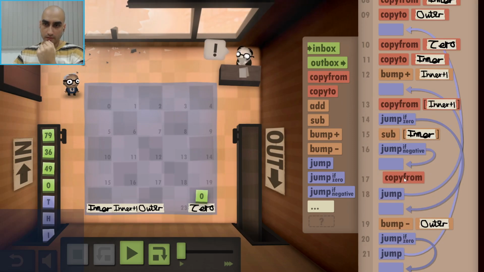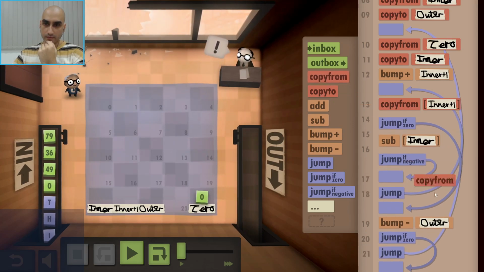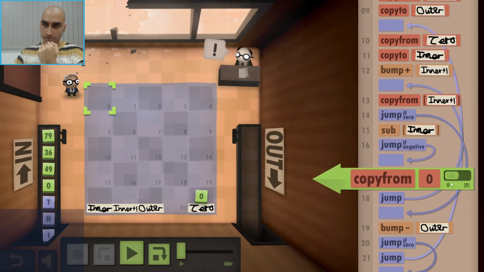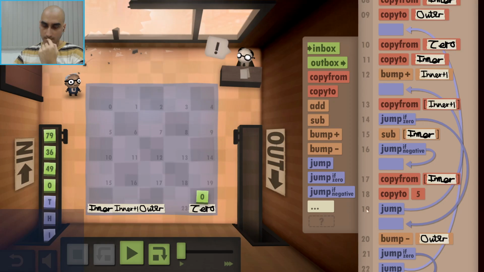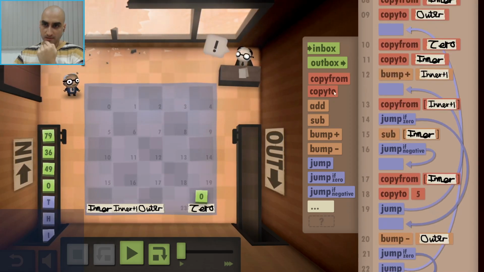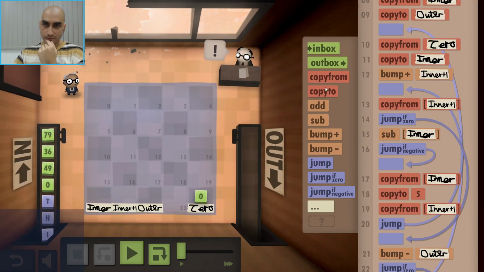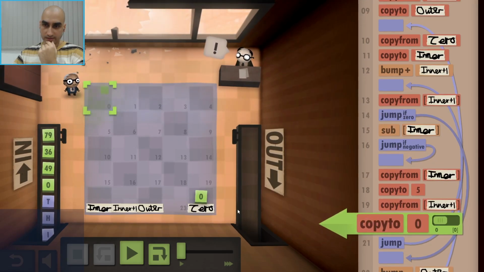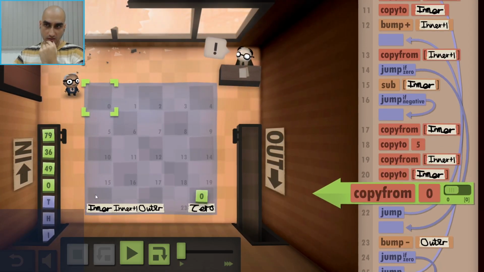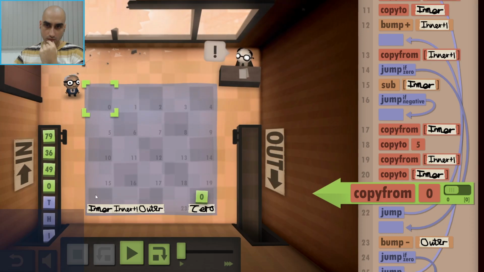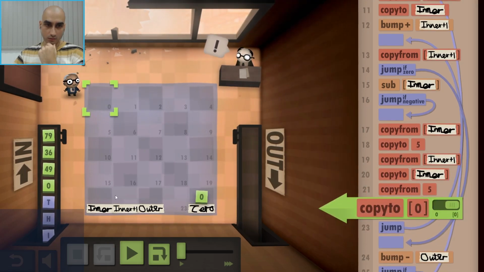So we pick up the first item, place it temporarily here, pick up the second item, place it where the first item was, pick up the thing we stored temporarily, and put that where the second item was.